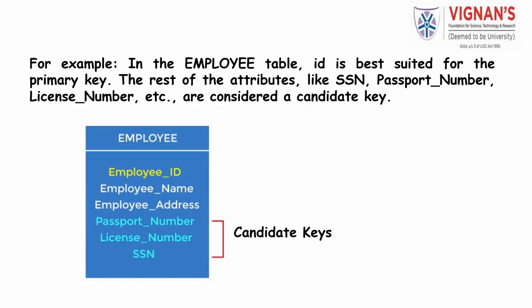Once the primary key is selected, the remaining candidate keys are called alternate keys. This example shows that a table can have multiple candidate keys, but only one primary key. Choosing the correct primary key improves database performance and maintains data integrity in relational database systems.